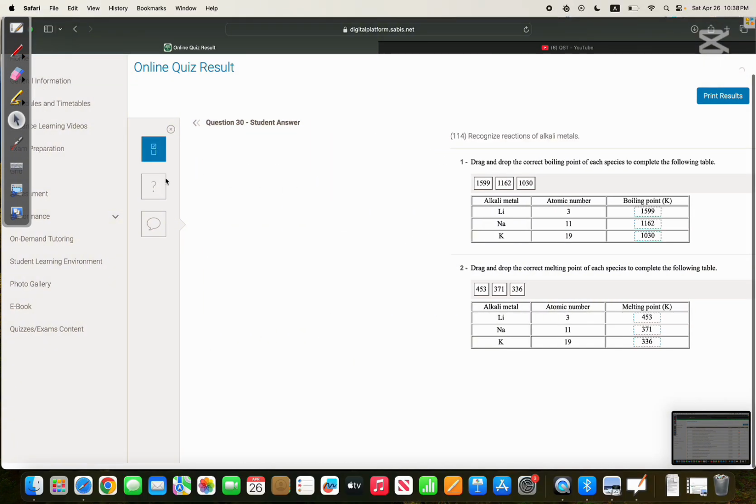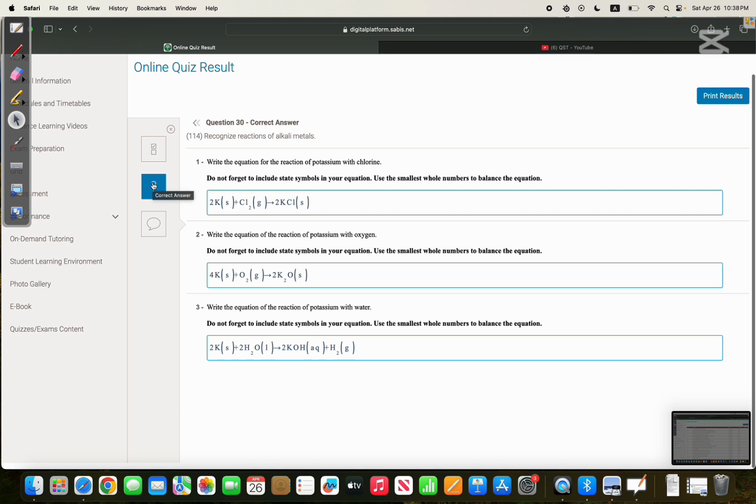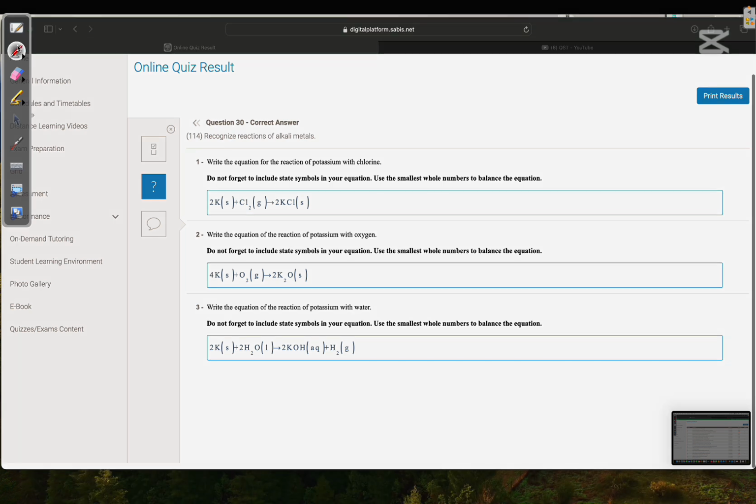Number 30. Write the equation for the reaction of potassium with chlorine. Okay, look, potassium is always solid, so potassium plus chlorine, which is diatomic, Cl2, to give KCl.